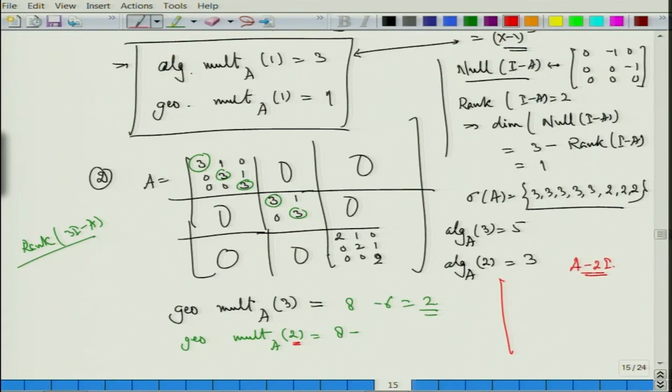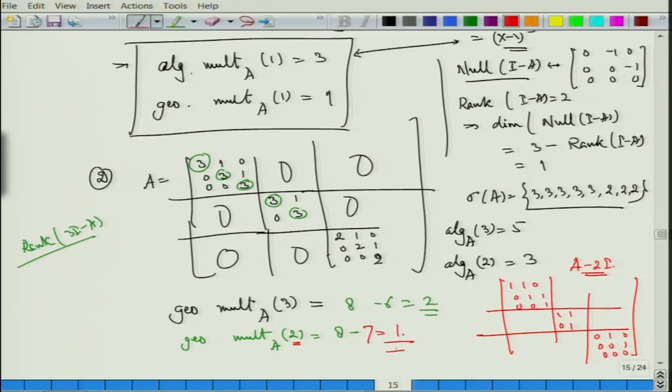If I look at A minus 2I, 3 minus 2 is 1, 1 here, then 0, 1, 1, 0, 0, 1. This is the first part. Second block will give me 1, 1, 0, 1, and the last part will give me 0, 1, 0, 0, 0, 1, 0, 0, 0. All right. Fine. So, the rank of this matrix is 3 plus 2 is 5, plus 1 is 6, plus 1 is 7. So, 8 minus 7, which is 1.